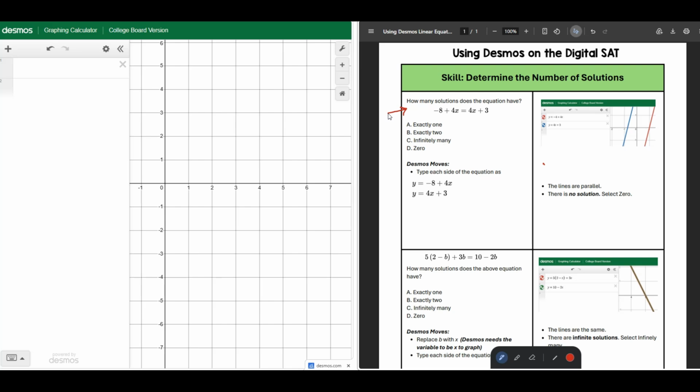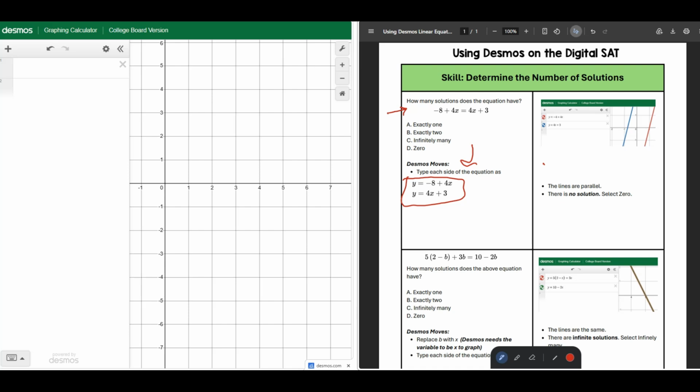However, this type of question isn't asking what is the solution, it's asking how many solutions you have. And in order to do that, you cannot type the entire equation at one time on one line. What you have to do is divide the left side and the right side into two separate linear equations and graph each of those and see what happens with the lines when you graph them.